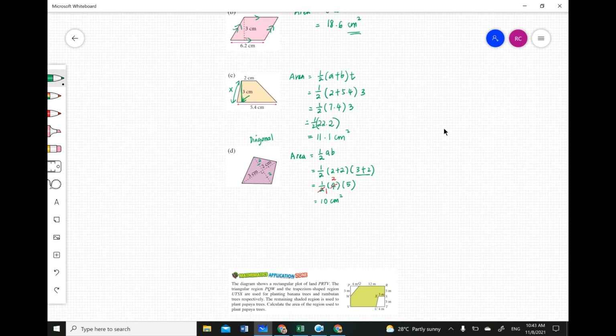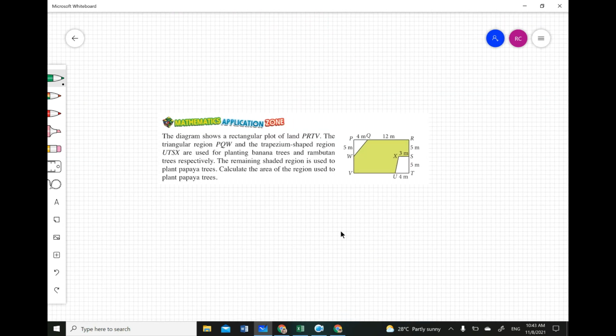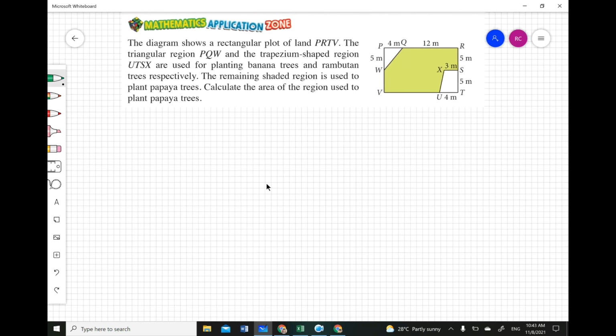Okay, now we move on to the last part here. We can enter the problem solving today. So you look at the question given, the mathematics zone, this one. The diagram shows a rectangular plot of length PRTV. So when you are reading the question, you've got to refer to the diagram. PRTV.